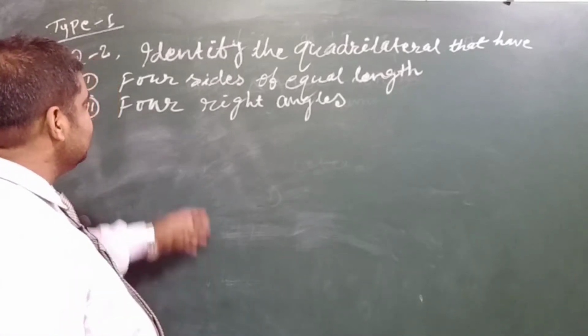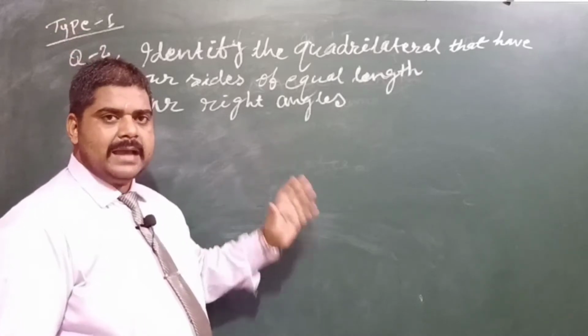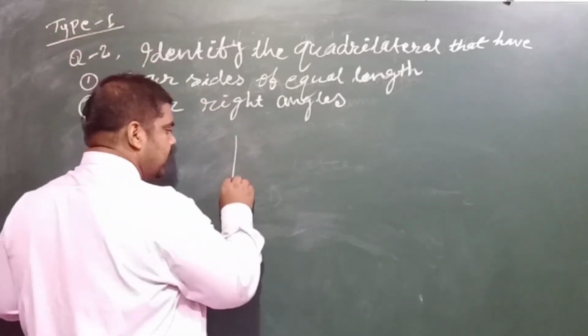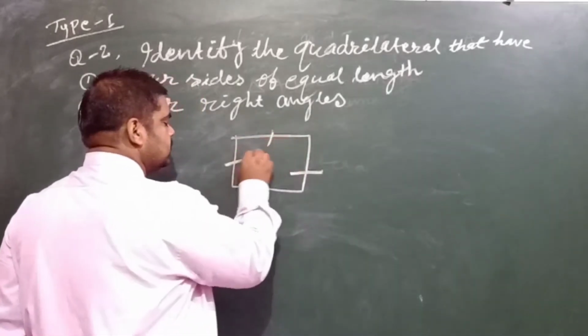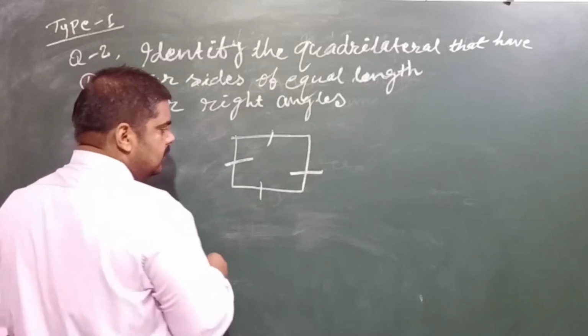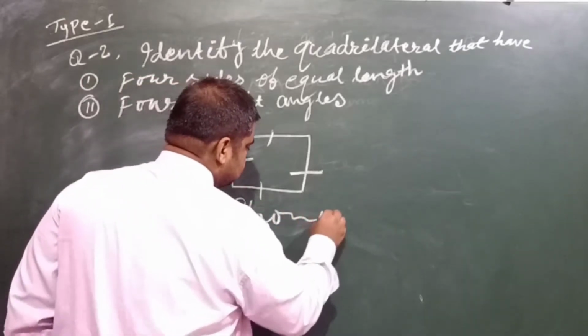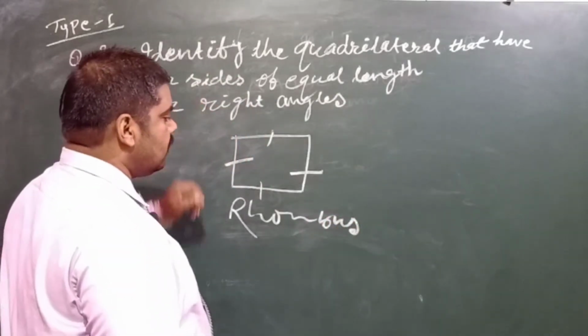My dear student, in this question, it has been given to identify the quadrilateral that has four sides of equal length, and you know that any quadrilateral whose all four sides are equal is known as a rhombus. So the answer of the first question is rhombus.